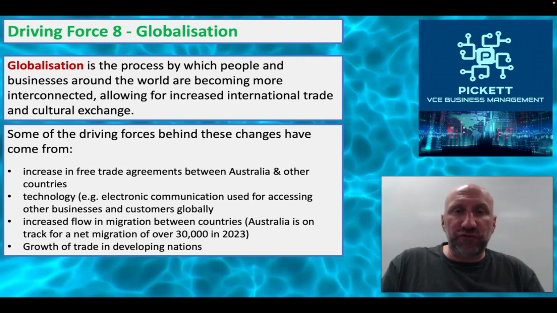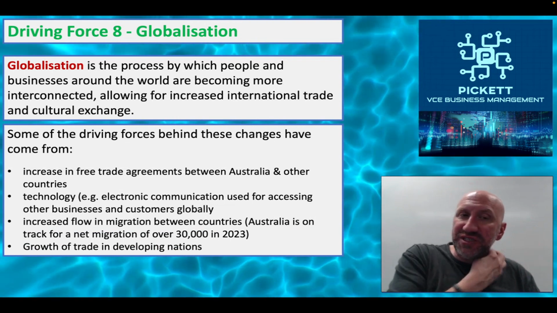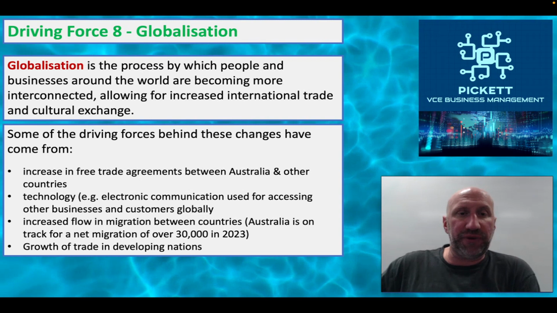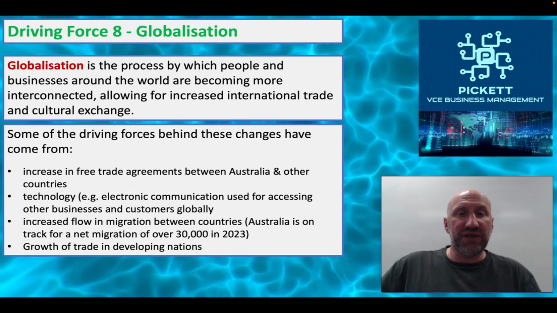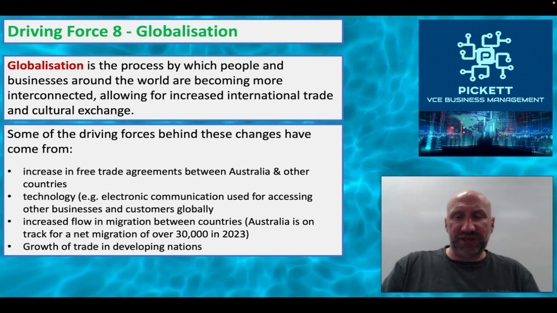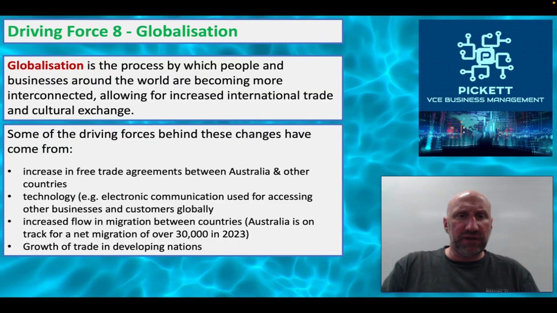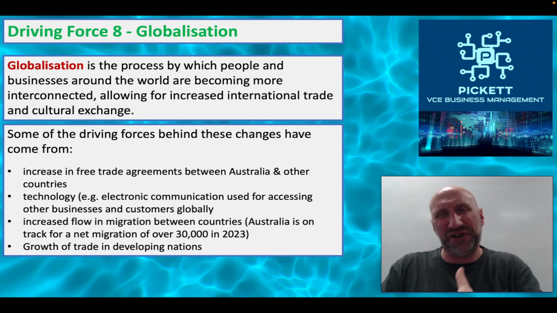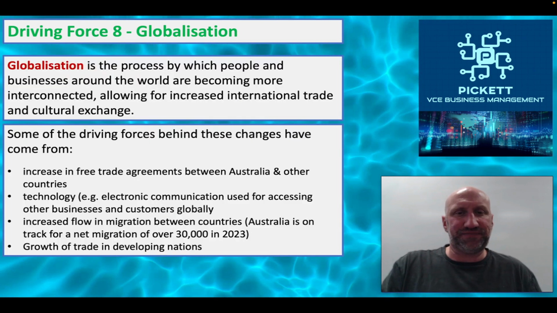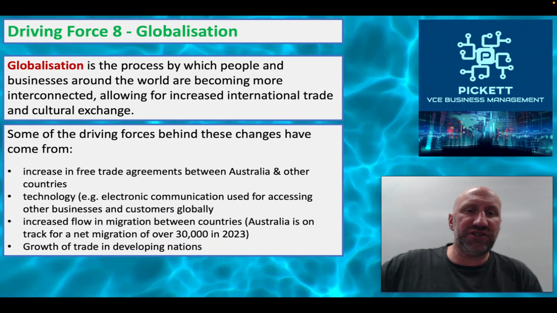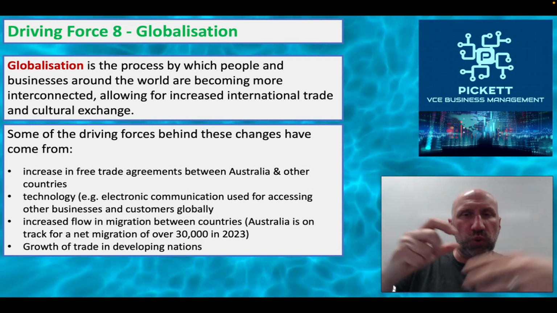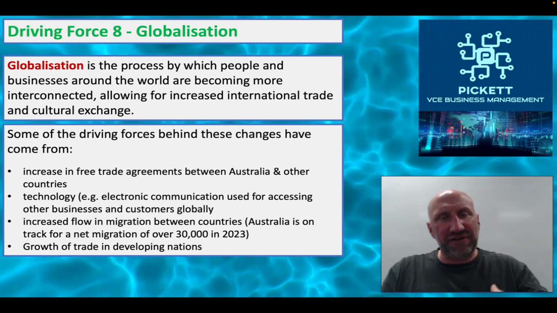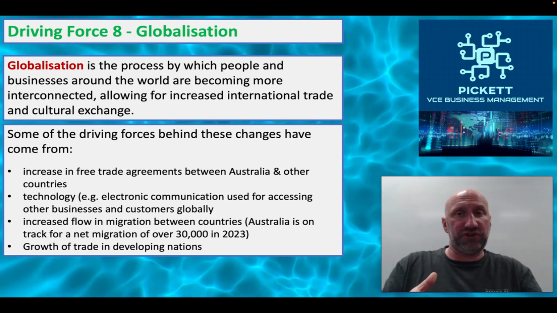Now, some of the driving forces behind the changes around globalisation have come from an increase in free trade agreements between Australia and other countries. Now, free trade agreements, not sure if I put that, but let me just briefly explain what they are. You don't need a lot of detail, but basically, when there's trade between countries, there are tariffs and taxes that apply to those goods.